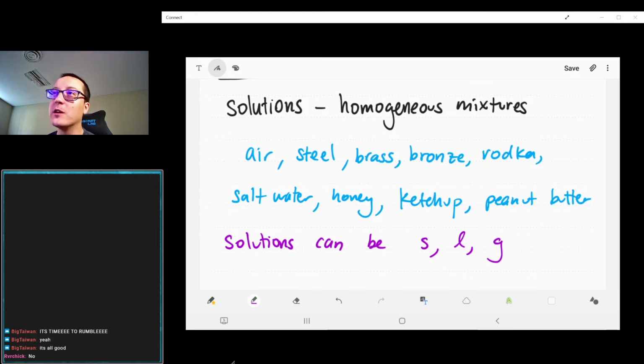If you go into Shutterstock or whatever, and you Google chemistry, you're going to see all these colorful beakers filled with colorful liquids. So very often we do deal with liquids as solutions, but technically they can be any of the three.